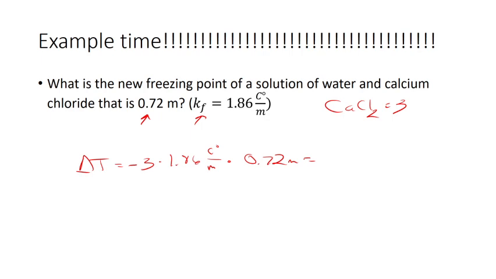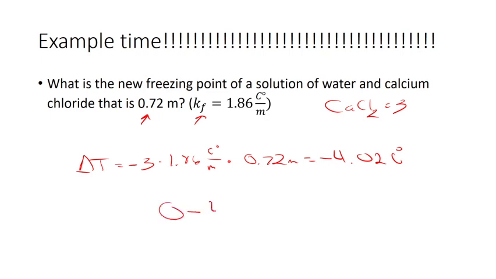And if we do this math, which I'm about to do very quickly here, we get 4.02 degrees Celsius. Now, that is the change in temperature. It's going to drop by 4.02 Celsius. So now, the next part, we all know what the freezing point of water is, 0.